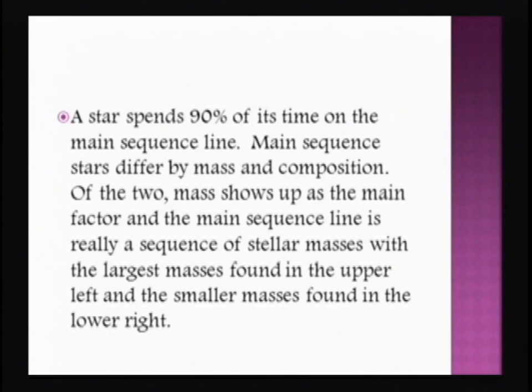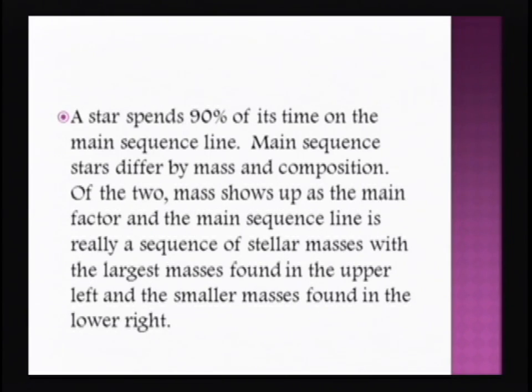Now remember, too, guys, that in terms of what's going on within that star on the main sequence line, it's essentially in hydrostatic equilibrium. That means the outward pressure that flows out from the core is equal to the gravitational collapse that is trying to pull it in.